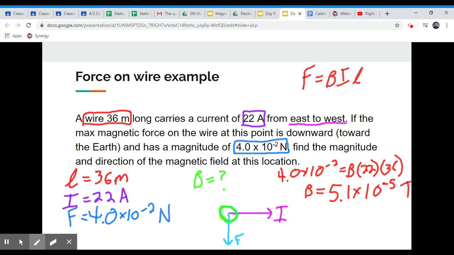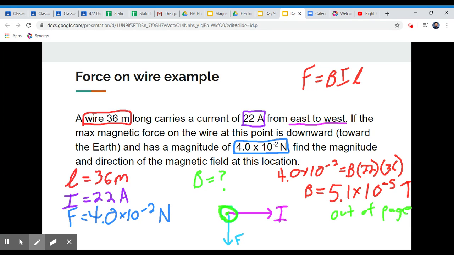If I were to actually draw this on paper, if it's coming at me, I would just do that dot like it's coming out of the page.